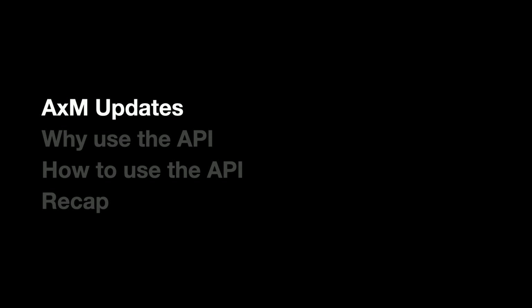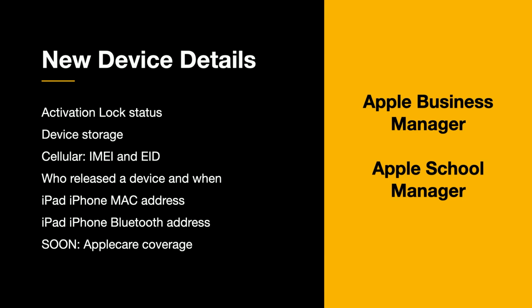So, Arek, what is new in Apple Business Manager? In Apple Business Manager and Apple School Manager, we're seeing a really cool evolution of new features and functionalities in that web-based portal that Apple provides for businesses and schools. One of the first things is activation lock status is now available in Apple Business Manager.